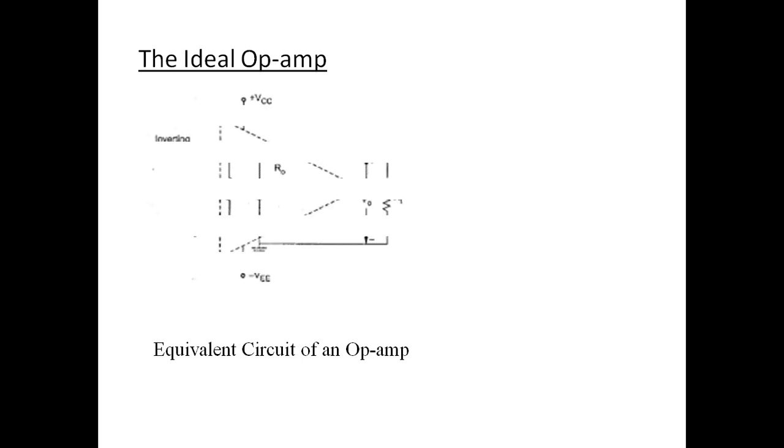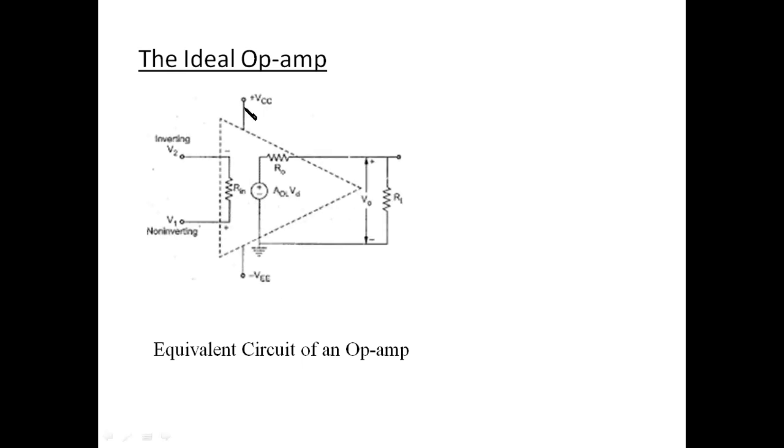Going to the next, the equivalent circuit of the operational amplifier, or we can say the ideal operational amplifier. Here is the circuit explanation. This is the input area. The input area consists of the non-inverting V1 terminal and the inverting V2 terminal, connected through the input resistance Ri.